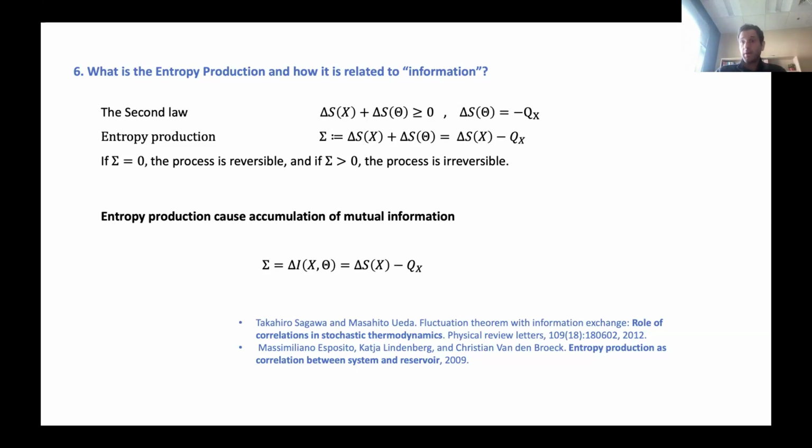Basically, the second law is saying that in this process we have entropy production, sigma is positive, and the amount of entropy production is the number of bits that this cup of tea shares with your reservoir. So you do have an irreversible process when two subsystems learn from each other.